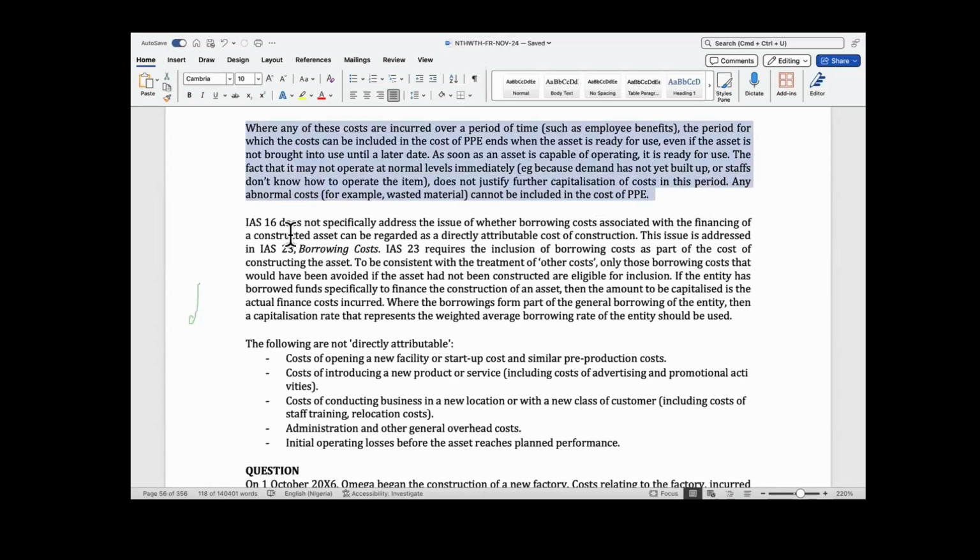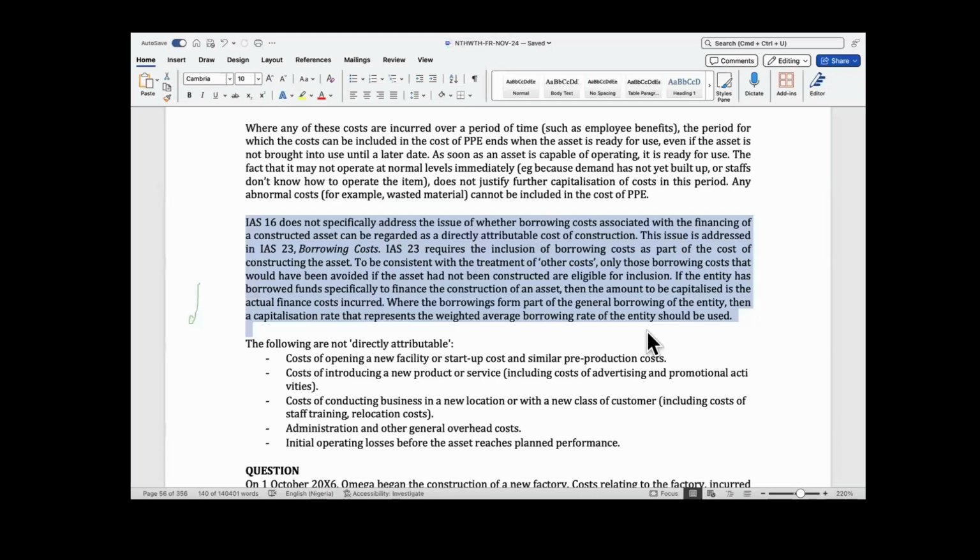Now, this paragraph is talking about a fast forward of knowledge. There are instances where you will have borrowed money to construct an asset. There is a standard called IAS 23. That standard says that the interest you are paying on that borrowing, don't expense it, but rather you capitalize it.